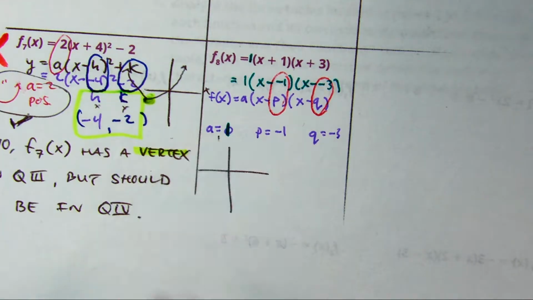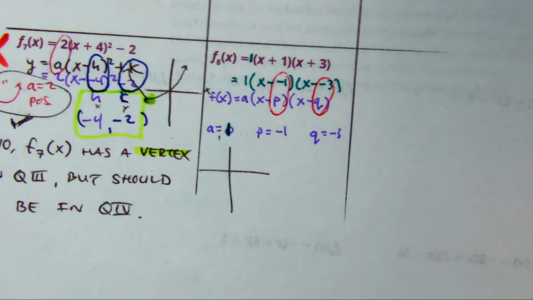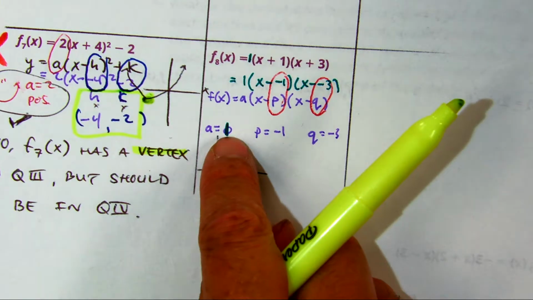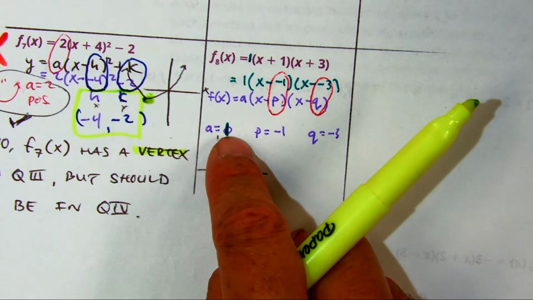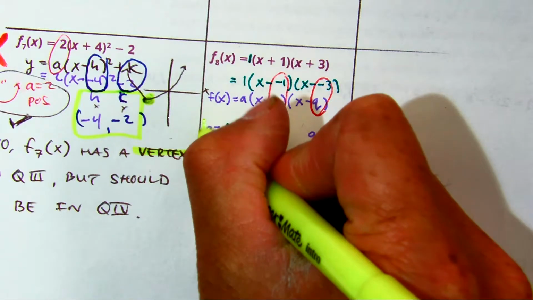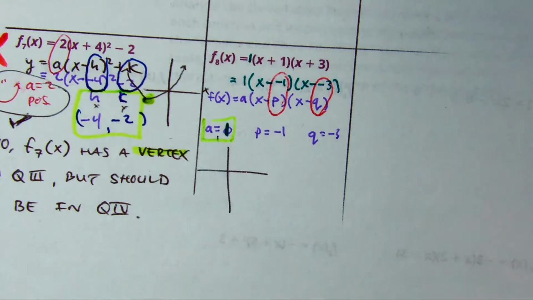What does an A value of 1 tell us? Yeah, Marco. What's positive? Okay. Marco, what do positive people do? Most people smile. So our graph's going to open up or down? Up.